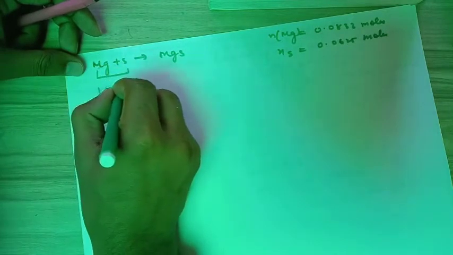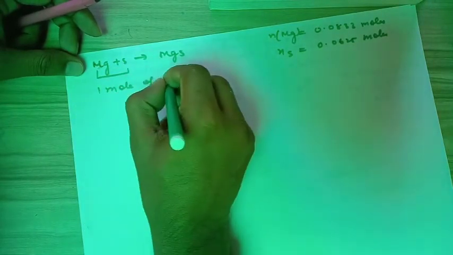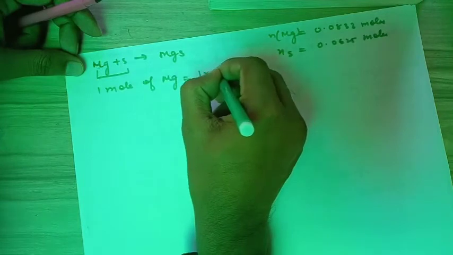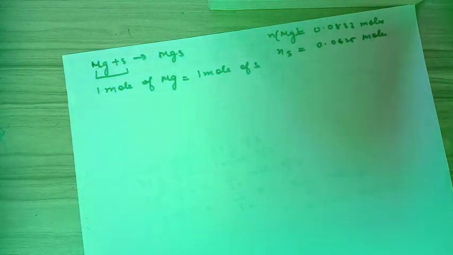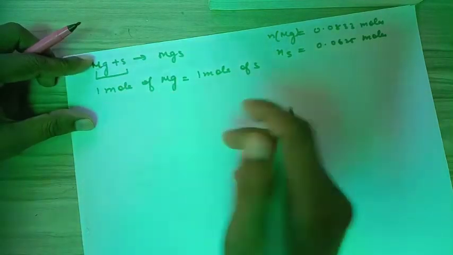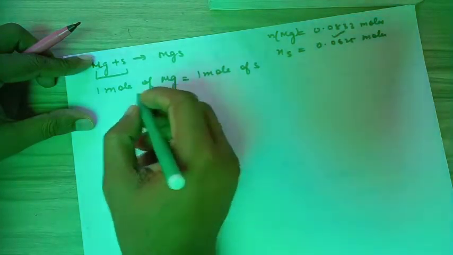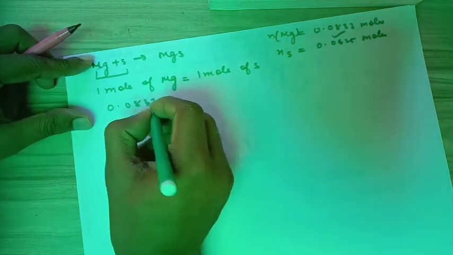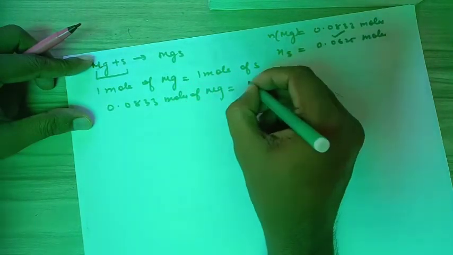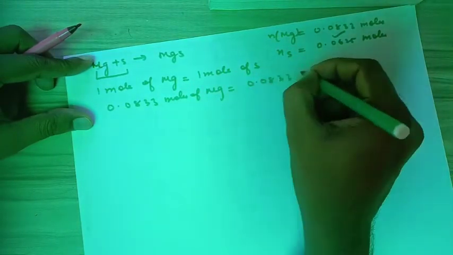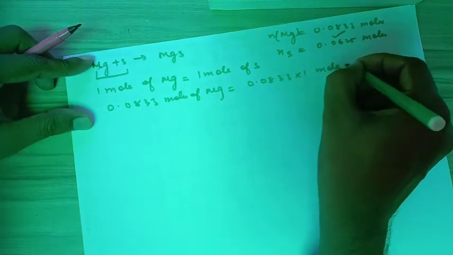Now 1 mole of Mg will give us 1 mole of sulfur. Now how many moles of Mg is available? That is 0.0833. So we can say that 0.0833 moles of Mg will give us 0.0833 into 1 mole of sulfur.